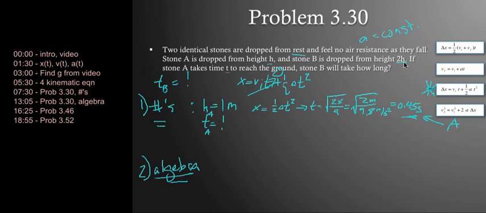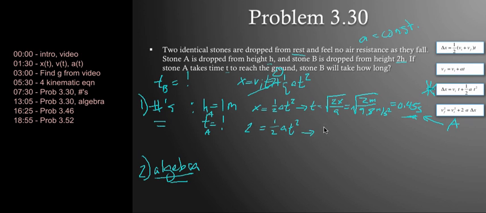So B is going to fall 2h. And this is what we want to find, t for B. So B is going to fall 2, and then everything else is pretty much the same, a t squared.